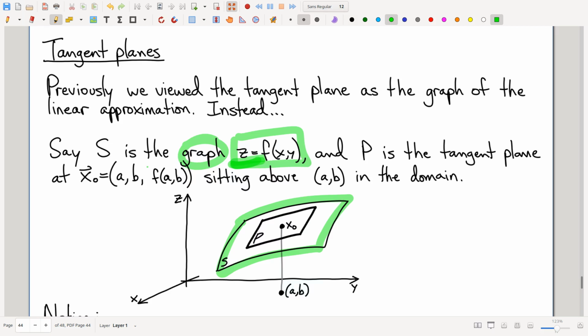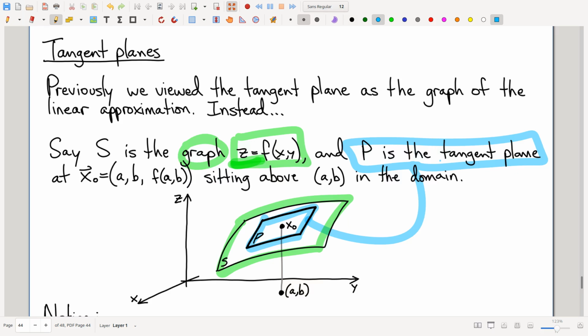What you do is you realize this function, f of x comma y, can be linearly approximated. You compute the linear approximation. The tangent plane then is the graph of the linear approximation. There's a fair amount of calculation that goes into making sense out of linear approximations.